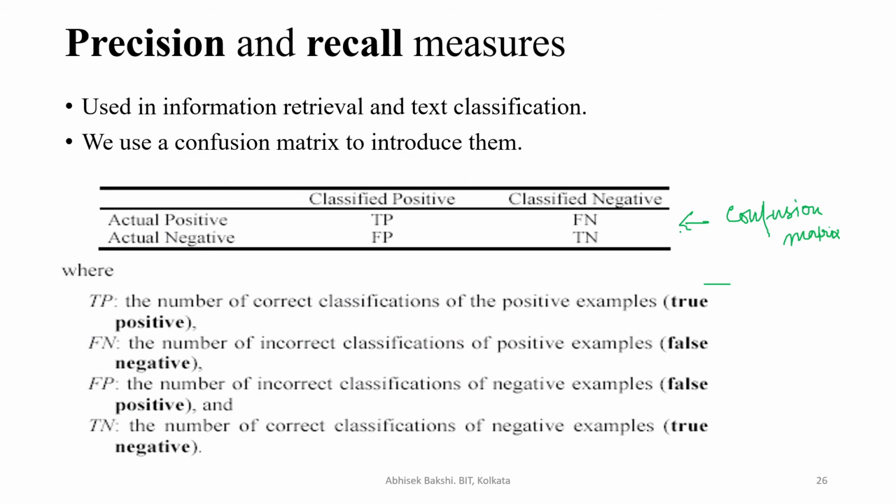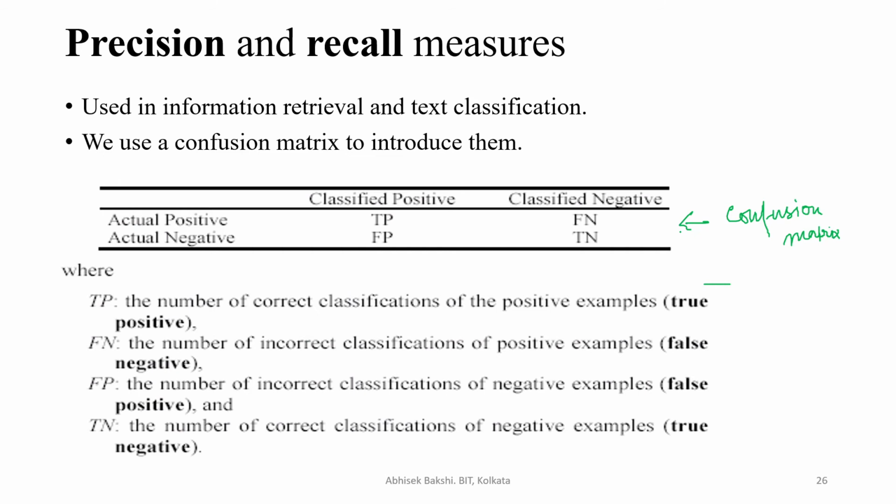False negative means incorrect classification of a positive example. That means I am sending an image of an orange, but the model is predicting it is an apple. Similarly, false positive is incorrect classification of a negative example.